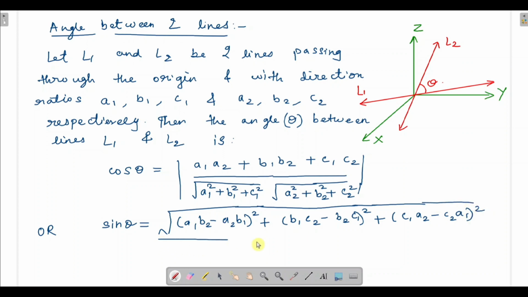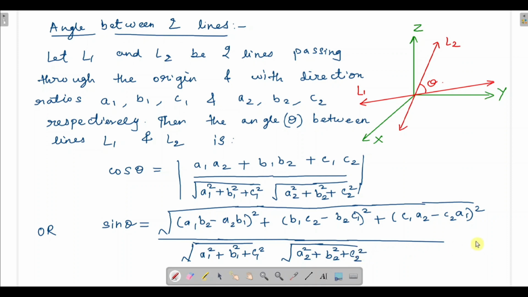Okay, then this is divided by root of A1 square plus B1 square plus C1 square into root of A2 square plus B2 square plus C2 square.